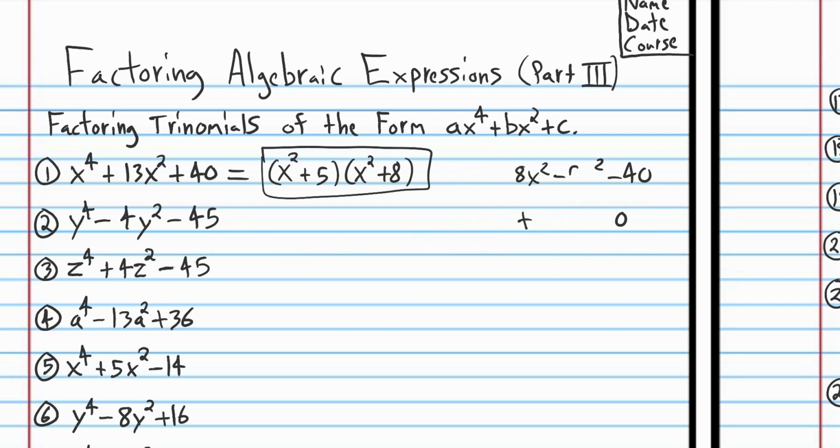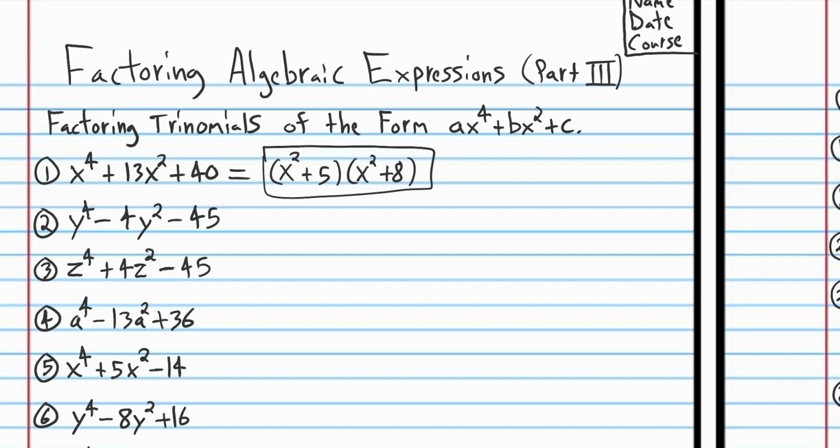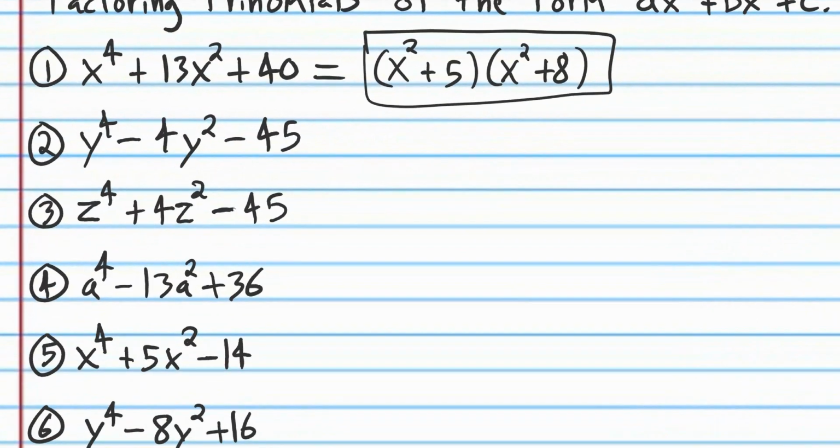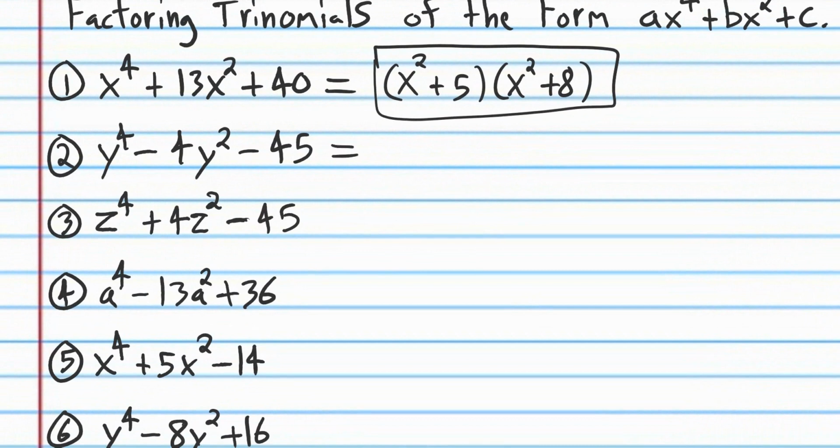So again, this is just a special case when you have a fourth power and a second power rather than the usual second power and first power. Again, are you going to see these very often? Not really, but this helps us review the concepts from the previous class. So let's try the next problem.